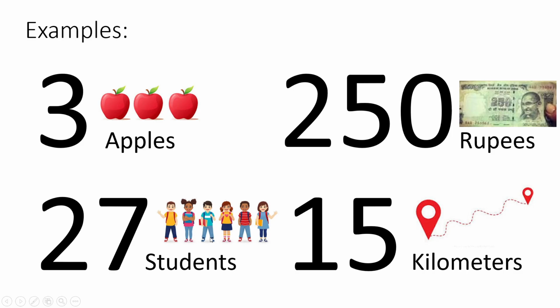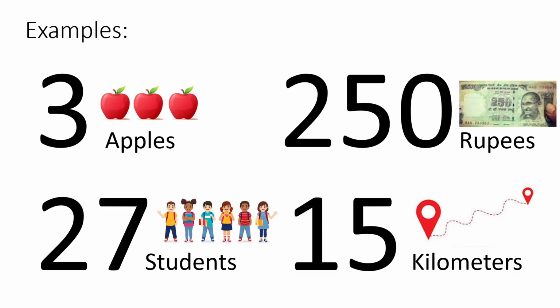Now you go to school and you find there are a number of classmates who are going to study and play with you in your class, right? So how many students will be studying with you? Let's say 27. So there will be 27 students. And when you come back from school, you travel some distance.